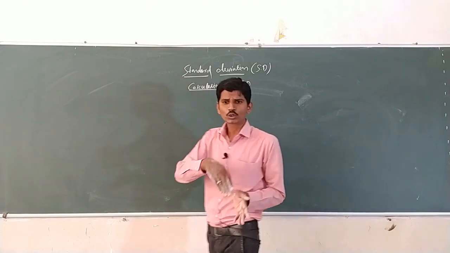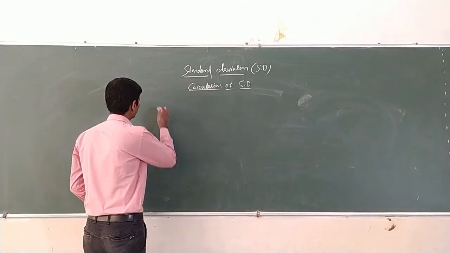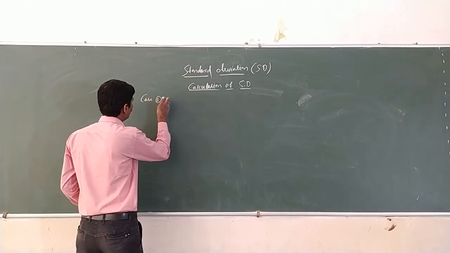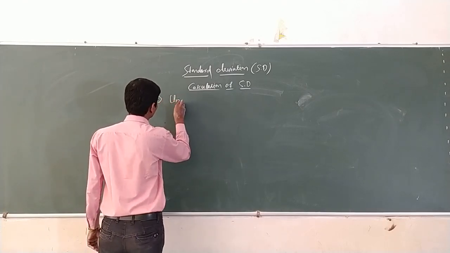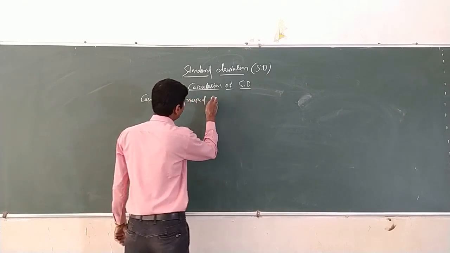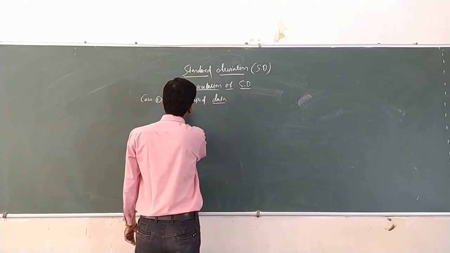One is the ungrouped case and the other is the grouped case. The first one is case 1, ungrouped data.